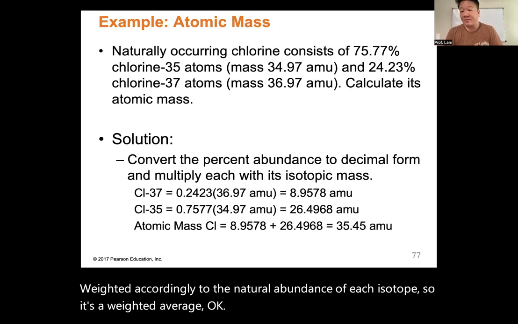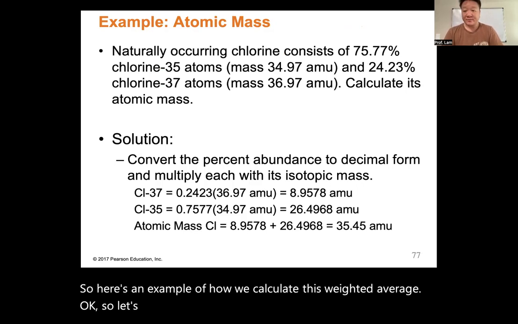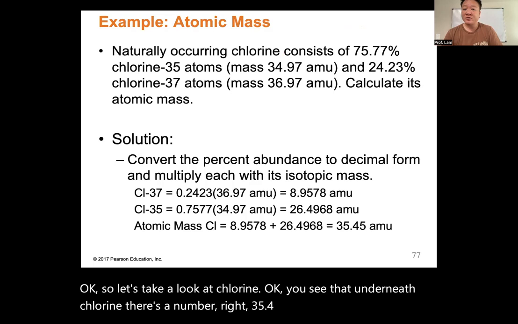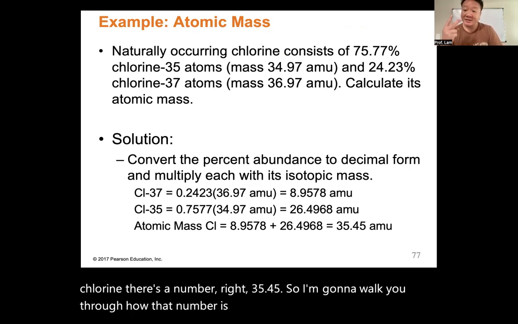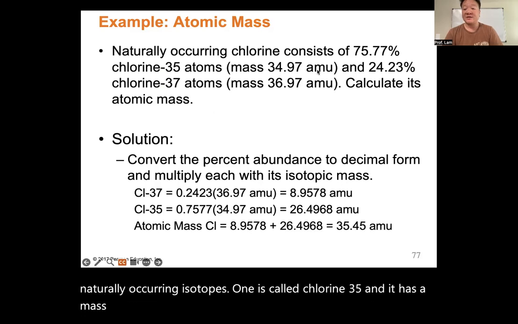So here's an example of how we calculate this weighted average. Let's take a look at chlorine. You see that underneath chlorine, there's a number, 35.45. I'm going to walk you through how that number is calculated. Chlorine has two naturally occurring isotopes. One is called chlorine 35, and it has a mass of 34.97 AMU, close to 35.